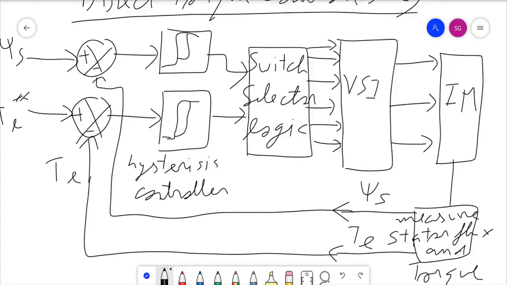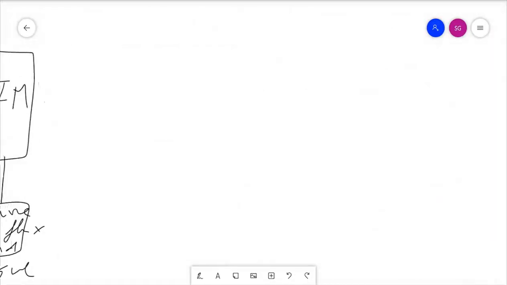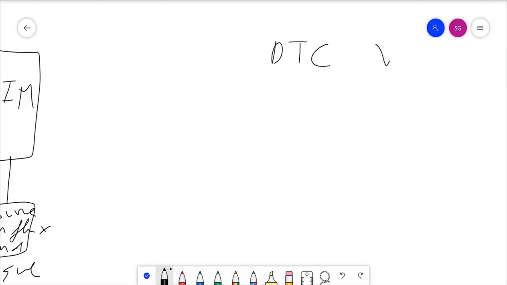So when you start comparing these two techniques, direct torque control and vector control, you can just make a table of that. So your different parameters you can study, like the dynamic response.